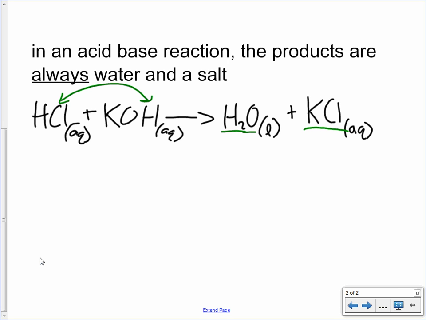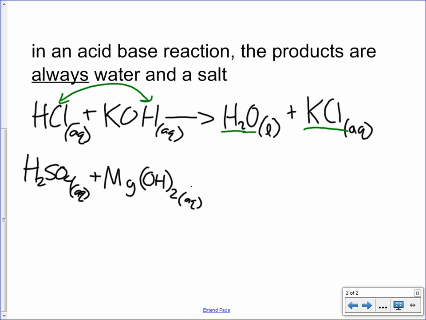Let's try a different one. Slightly trickier here. Sulfuric acid, which is H2SO4. It's hydrogen and sulfate. Reacting with, let's do magnesium hydroxide. Okay, sulfuric acid and magnesium hydroxide.